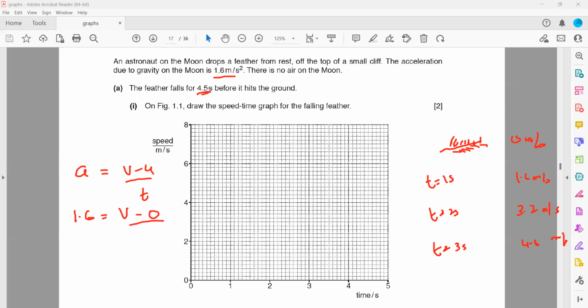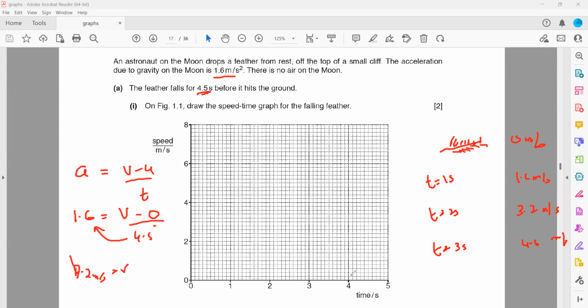We need the speed after 4.5 seconds, the speed at which the feather hits the ground. So 4.5 is divided on one side, on the other side it will be multiplied: 1.6 times 4.5 gives 7.2. So 7.2 meters per second is the speed at which the feather hits the ground.